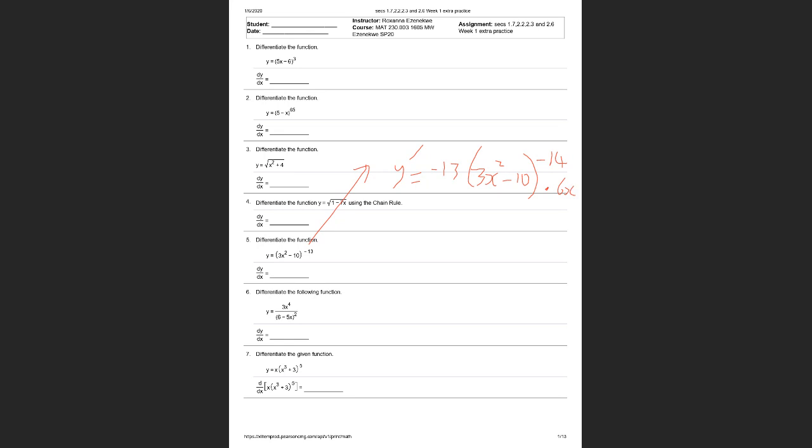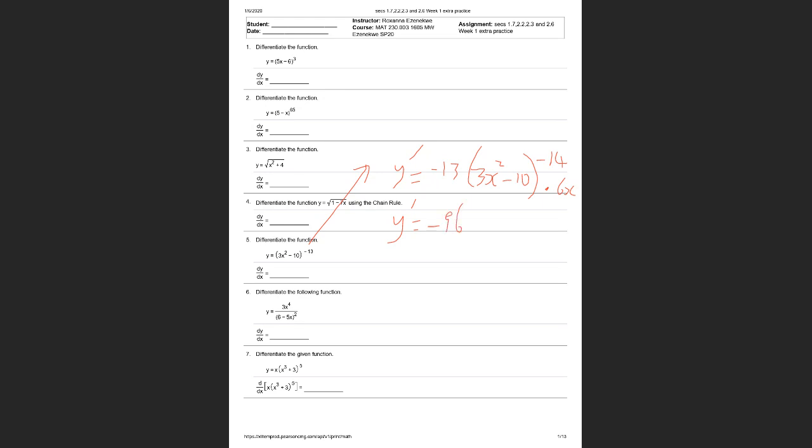Now simplify. There is a negative outside, so I have 13 multiplied by 6. 13 multiplied by 6, I have 78. So y prime is equal to negative 78.